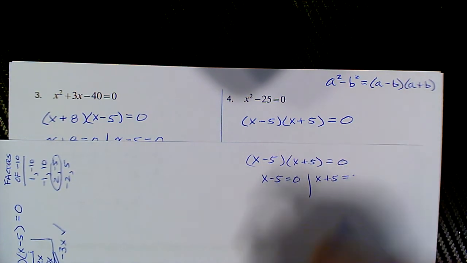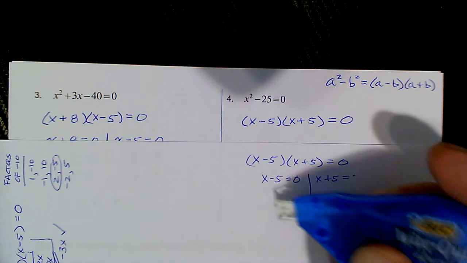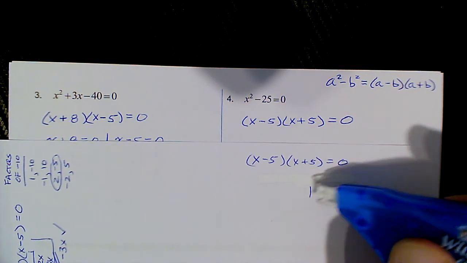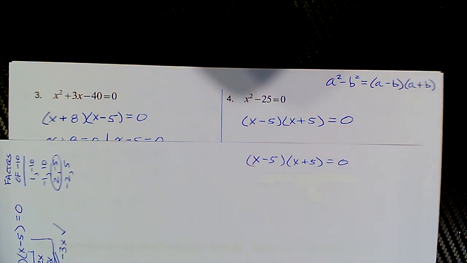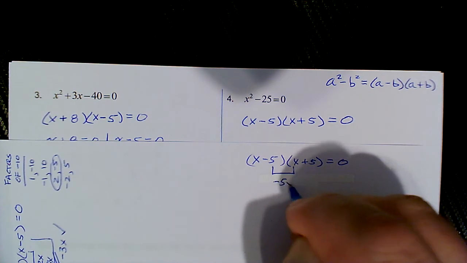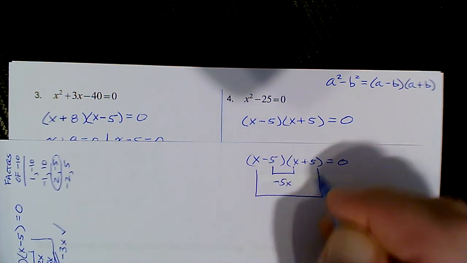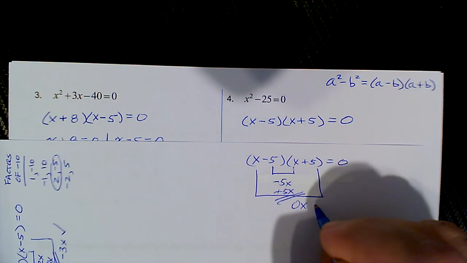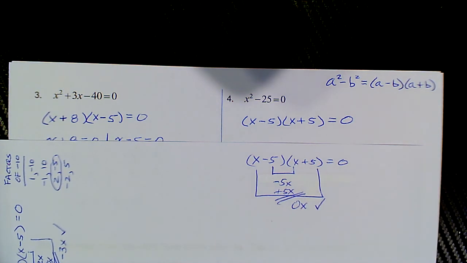Oops, I didn't want to do that. I just wanted to check it. Sorry. We'll solve the resulting linear equations after our check here. So minus 5x plus 5x for the outers gives 0x, and it checks.